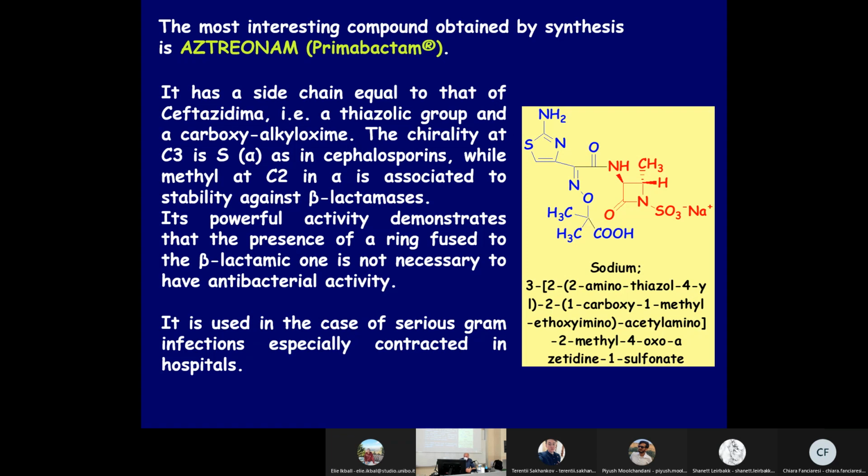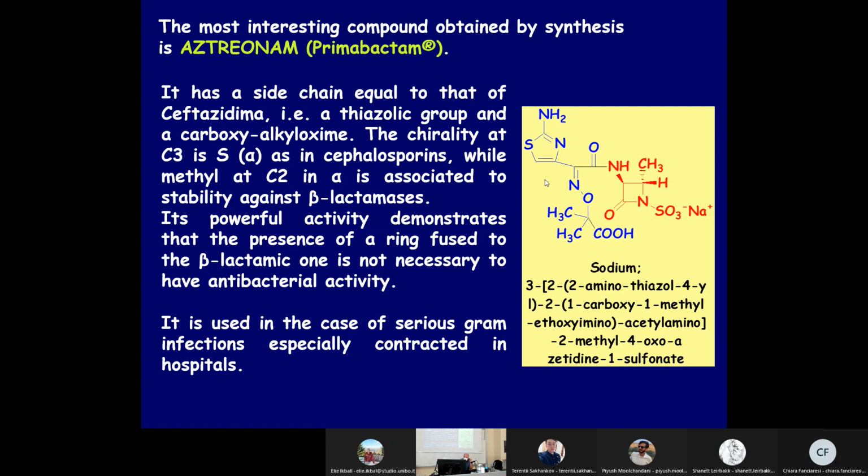Which is the chemical structure? Beta-lactam ring, 4 atoms, acidic group, sulfonic acid. The side chain is the same as the most potent cephalosporins.